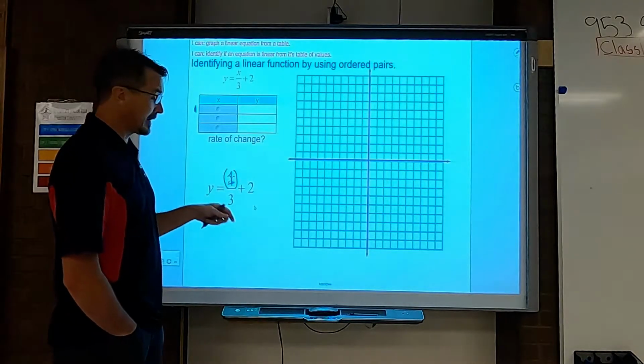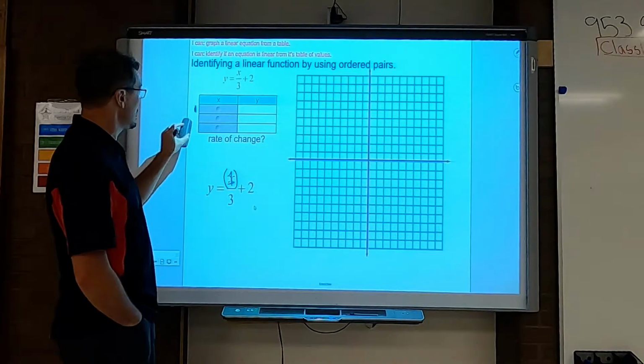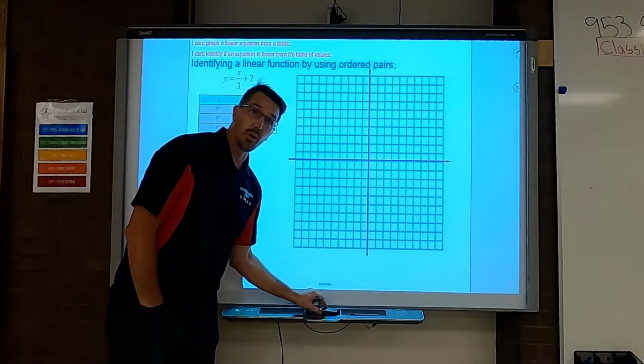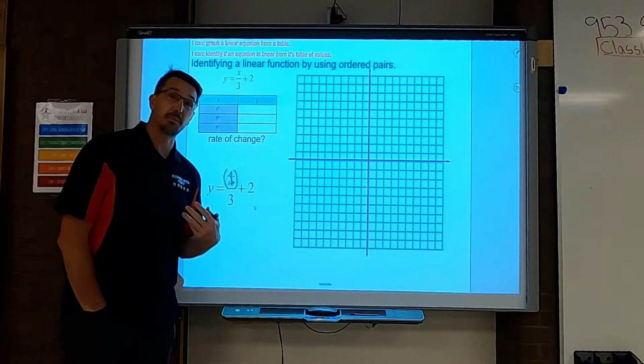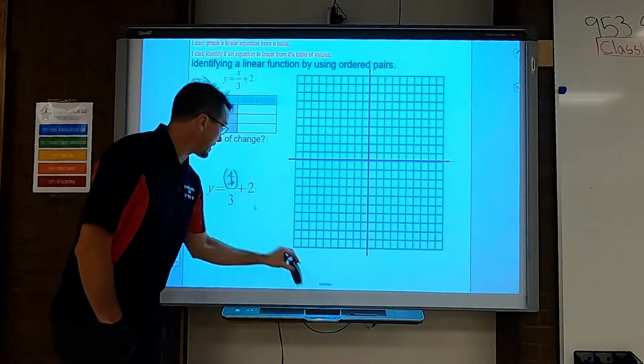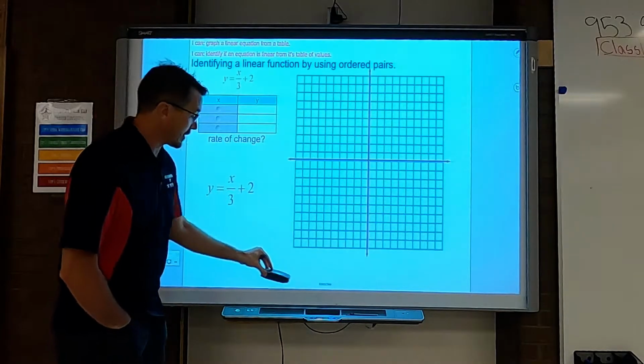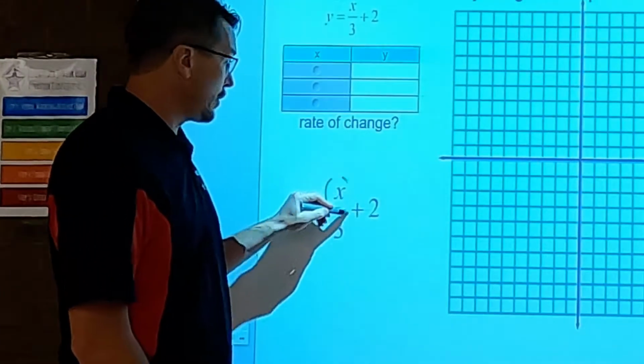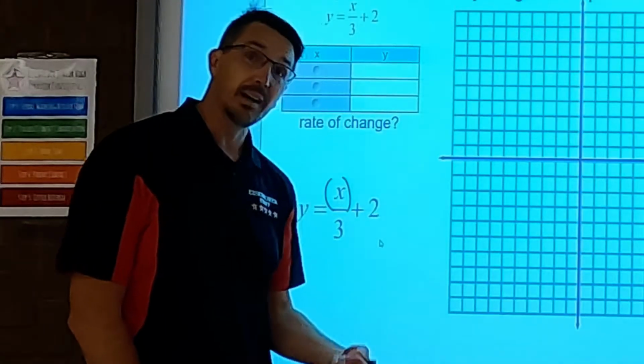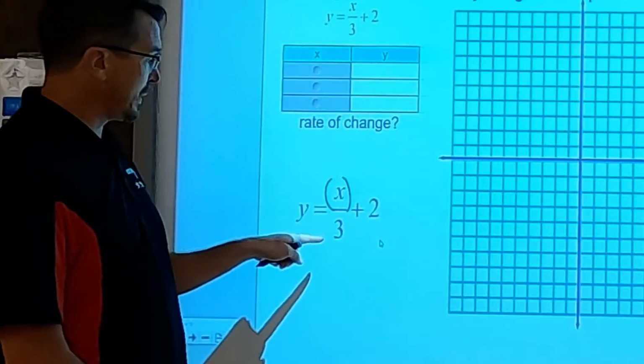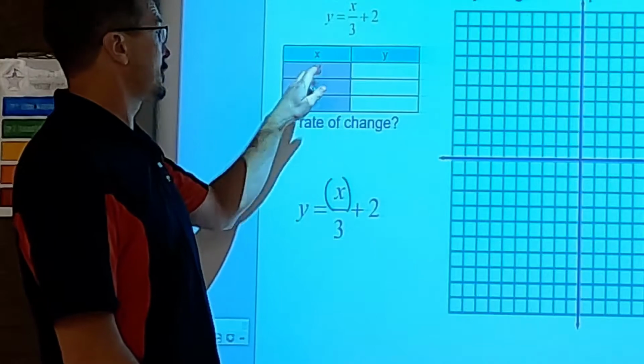So maybe picking sometimes the easiest number isn't 1, or 0, or negative 1. Sometimes you have to pick a number that works better. And in this case, I can see that the denominator is 3. So if I can choose numbers that are divisible by 3, this will work out much better. So instead of picking 1, I think I'm going to pick 3.